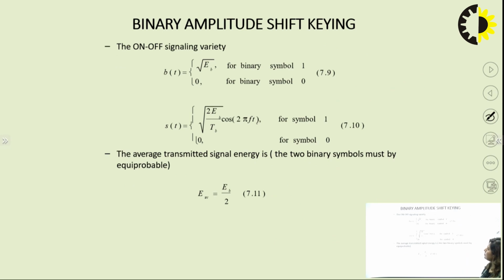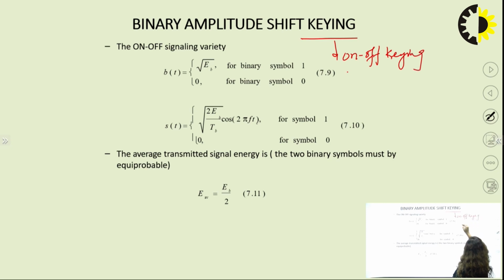Now coming to binary amplitude shift keying, we will also call it on-off signaling or on-off keying, because for bit 1 there is some carrier and for bit 0 there is no carrier.